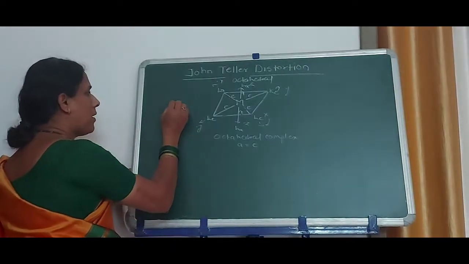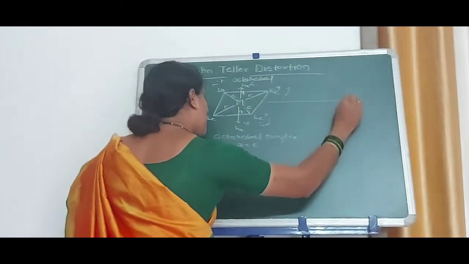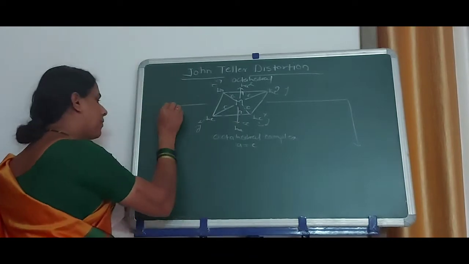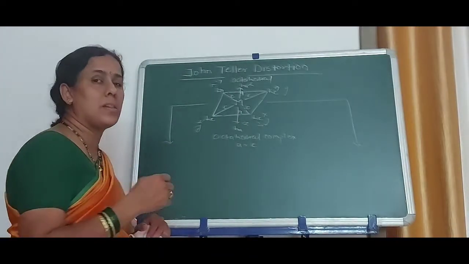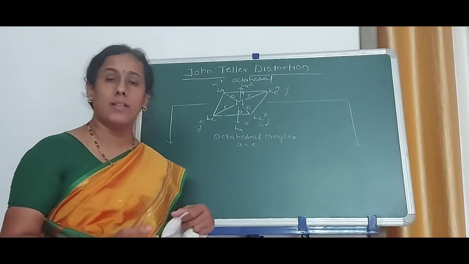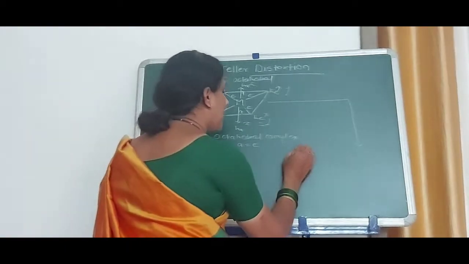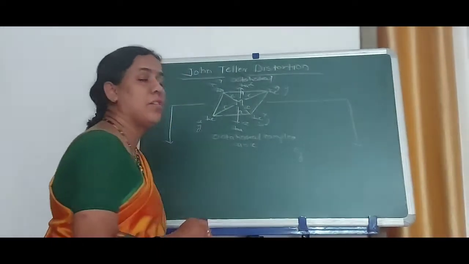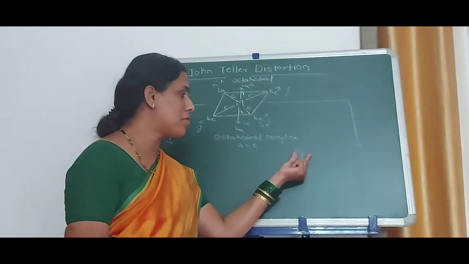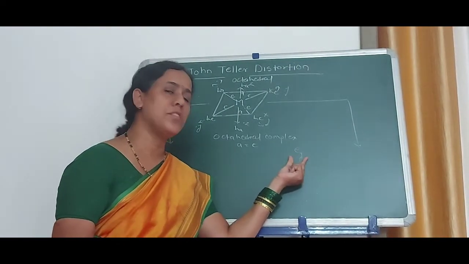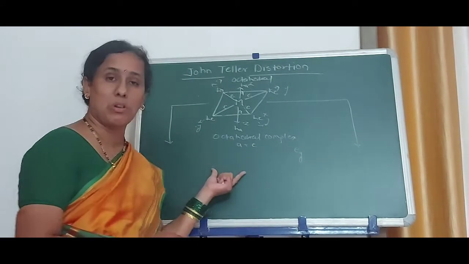The octahedral complex undergoes distortion when there is an asymmetrical number of electrons in the Eg orbitals. The asymmetrical distribution of electrons in the Eg orbitals causes the distortion.